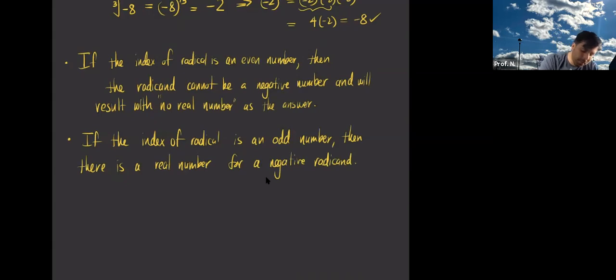So if I take, for example, the fifth root of negative 32, that's going to be equal to negative 2. If I take the third root of negative 27, I get negative 3 because negative 3 cubed is negative 27. Negative 2 to the fifth power is negative 32.